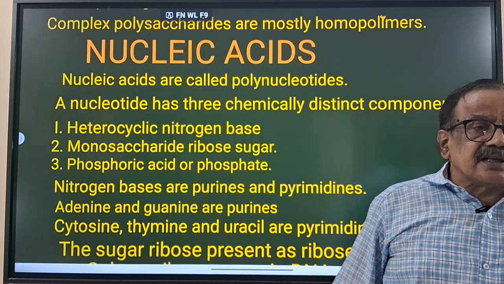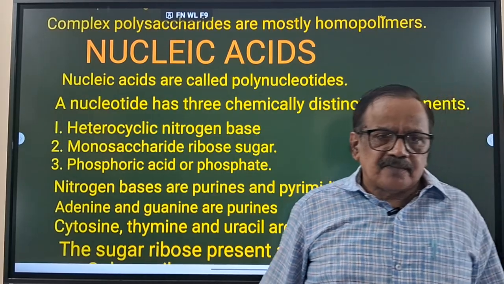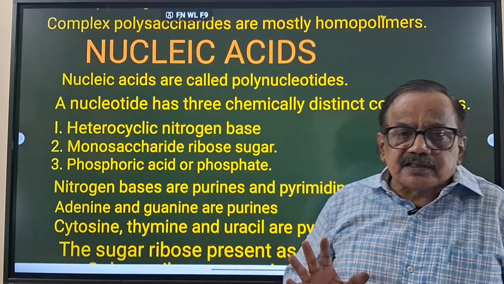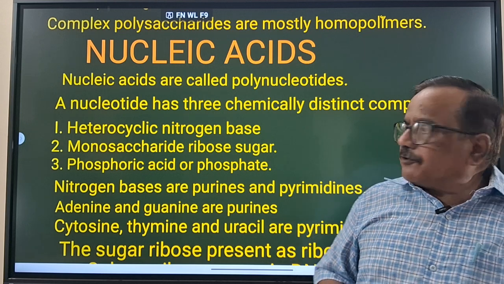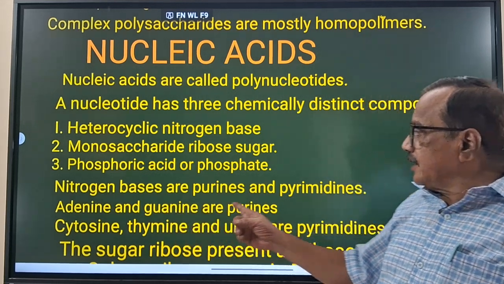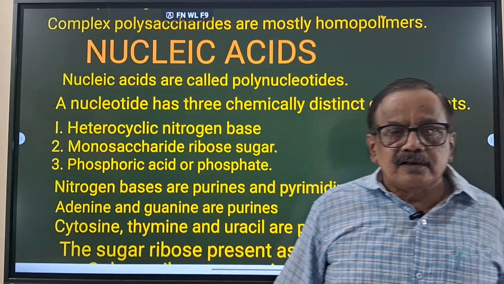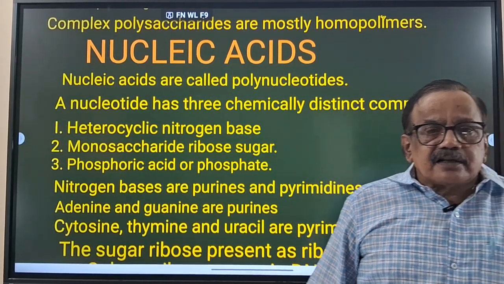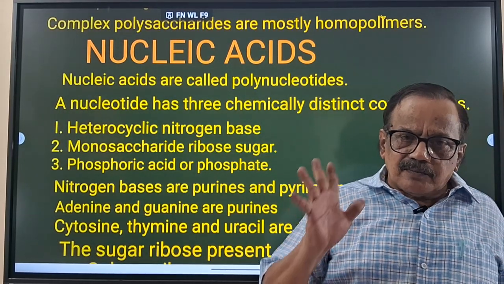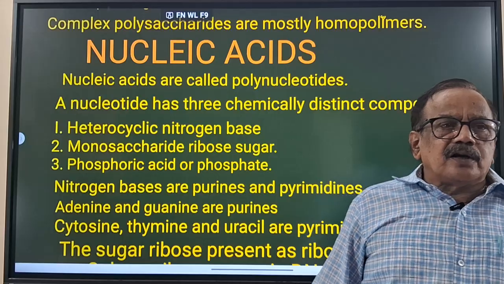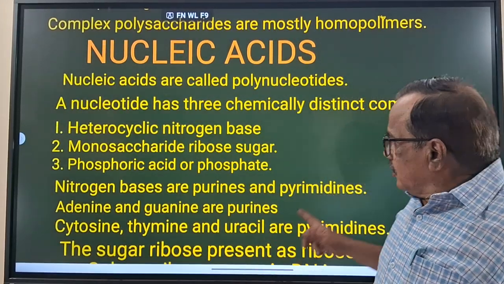Now see the nitrogen bases. Heterocyclic nitrogen bases are 5 types, present in 2 groups. The first group is the purines, and the second group is the pyrimidines. Out of the 5 bases, purines are 2 and pyrimidines are 3.